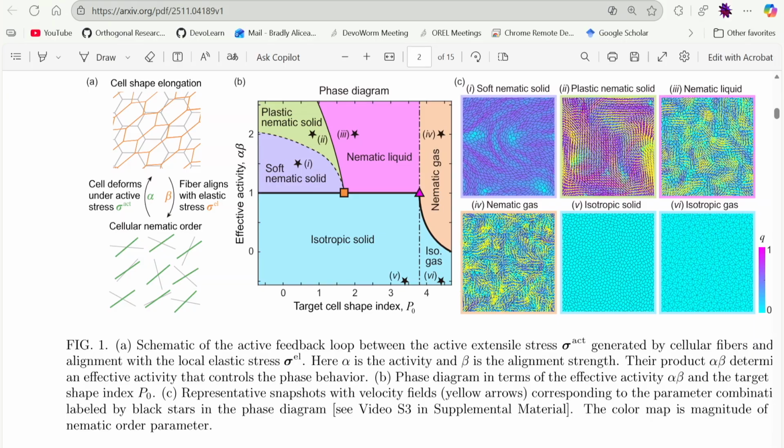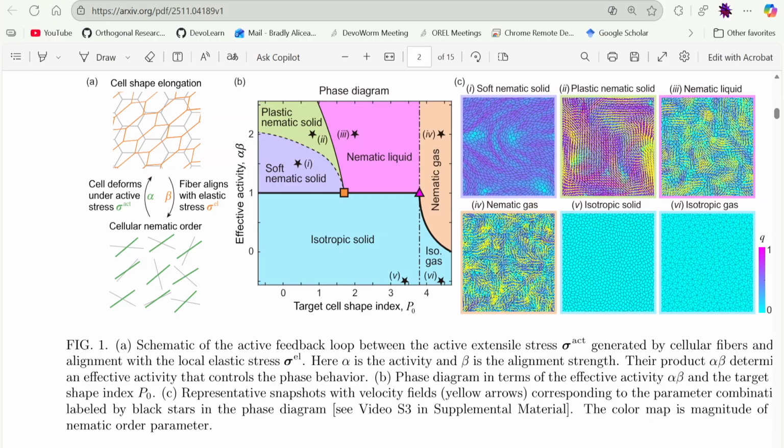Without going into their mathematical model, we have alpha and beta. The cell deforms under active stress. That's alpha, and that's an input, and then the fiber aligns with elastic stress, which is beta. And you can see that then that leads to the cellular nematic order. So you have stresses, the cells deform, the fibers align with this elastic stress.